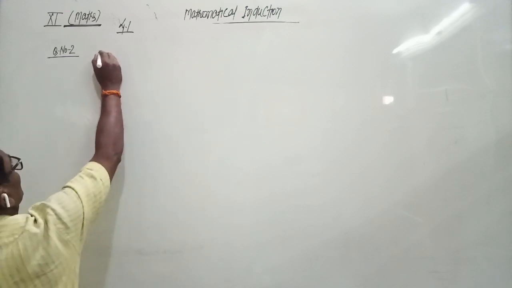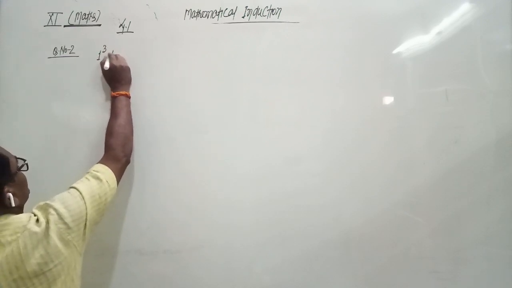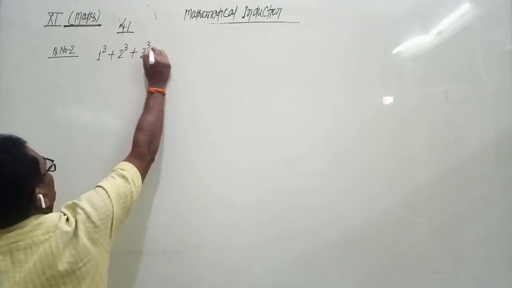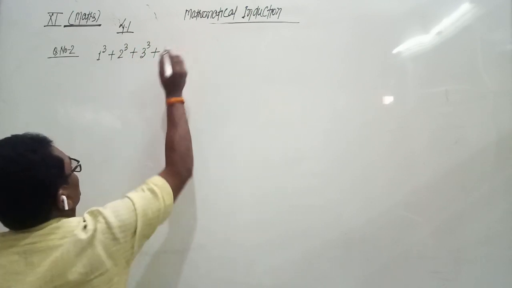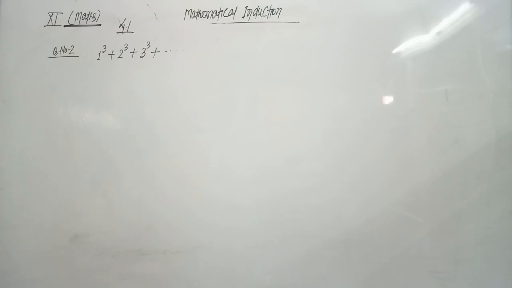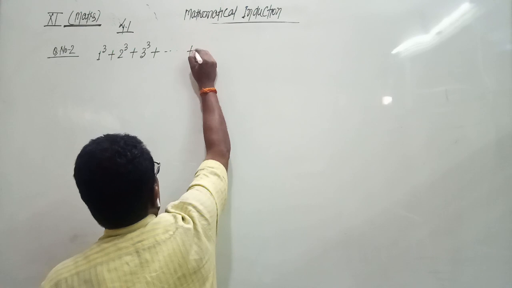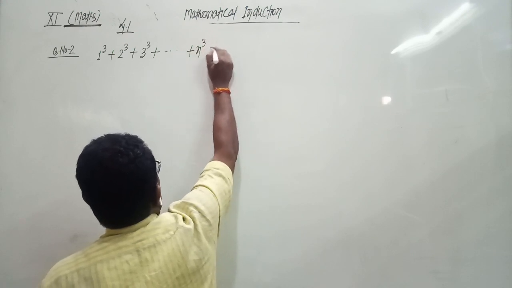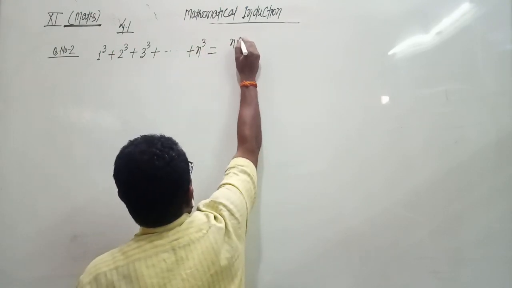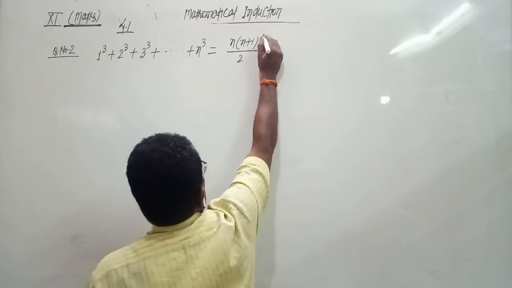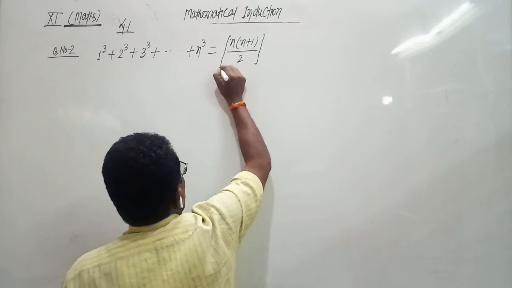We have to prove by mathematical induction: 1 raised to the power 3 plus 2 raised to the power 3 plus 3 raised to the power 3 plus ... plus n raised to the power 3 equals n into n plus 1 upon 2, the whole square.